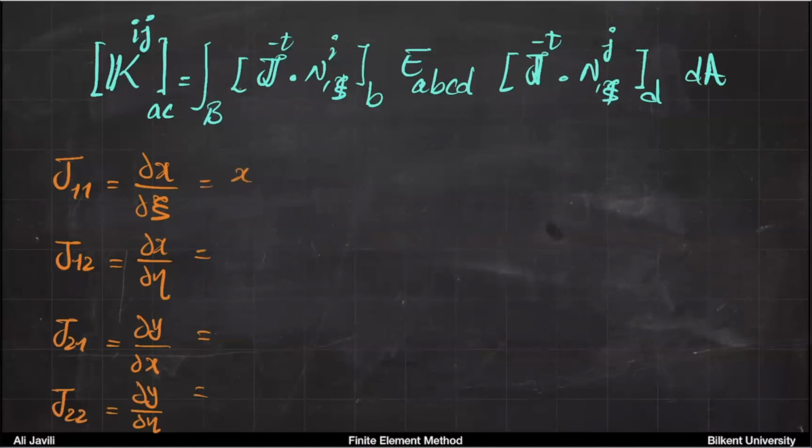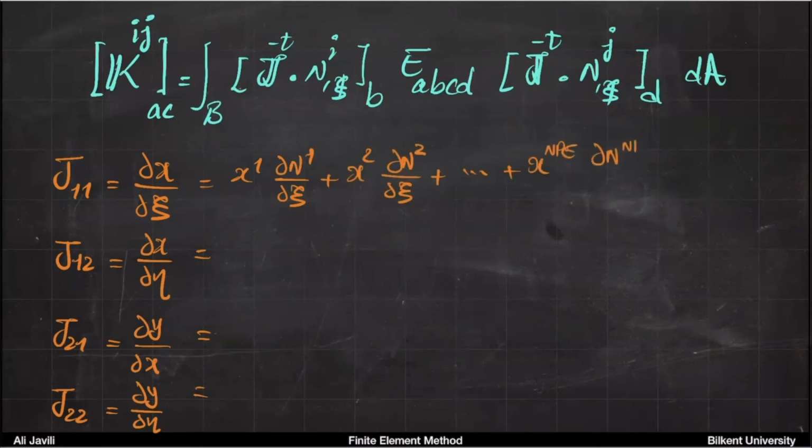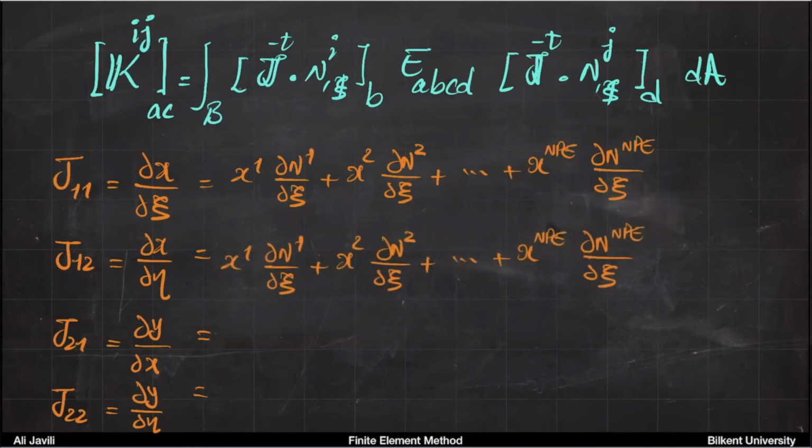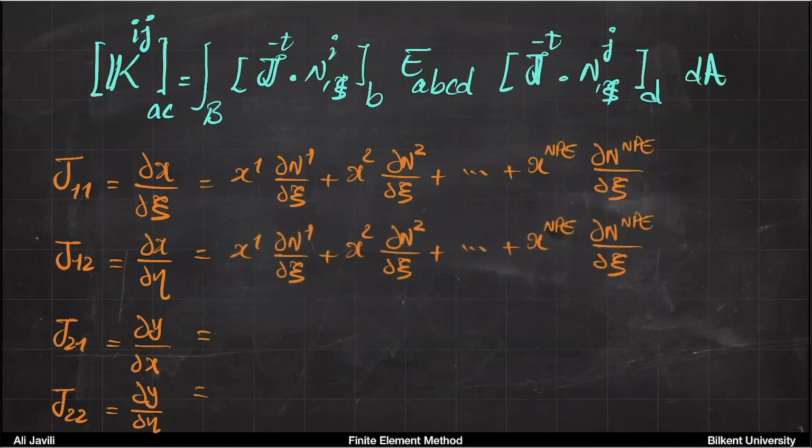It would be x1 times the derivative of n1 with respect to c plus x2 times the derivative of n2 with respect to c, and you play this game until x node per element times the derivative of n node per element with respect to c. Now for the other ones, you play exactly the same game. So here, you do exactly the same thing, except that you want to calculate the derivatives with respect to eta instead of c.